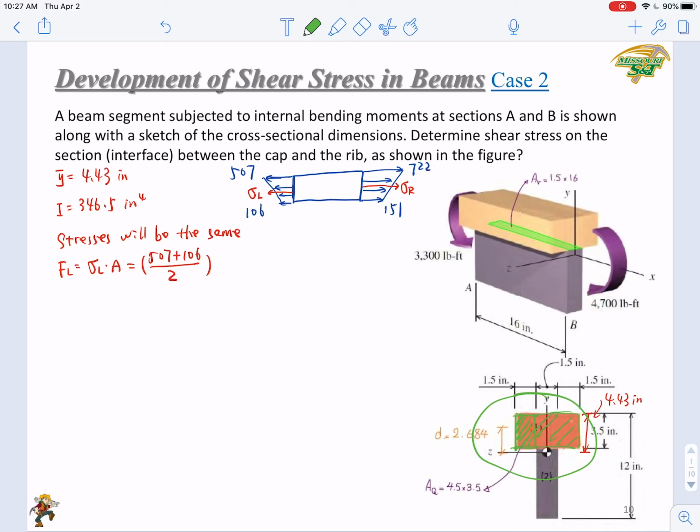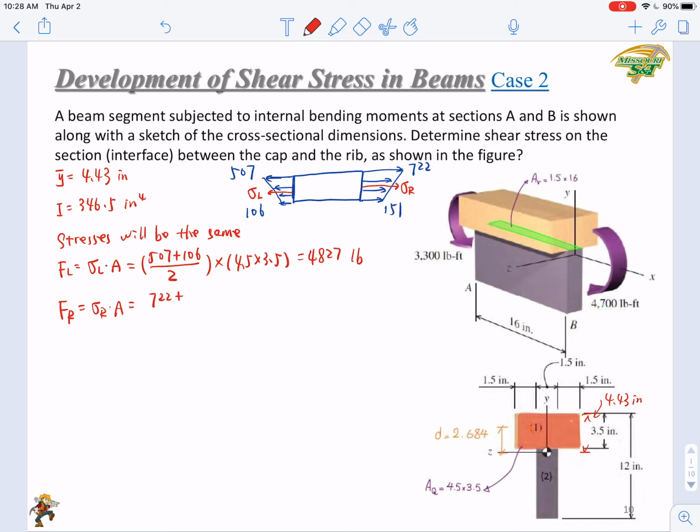So the area will become 4.5 by 3.5, and the result will be 48.27 pounds.